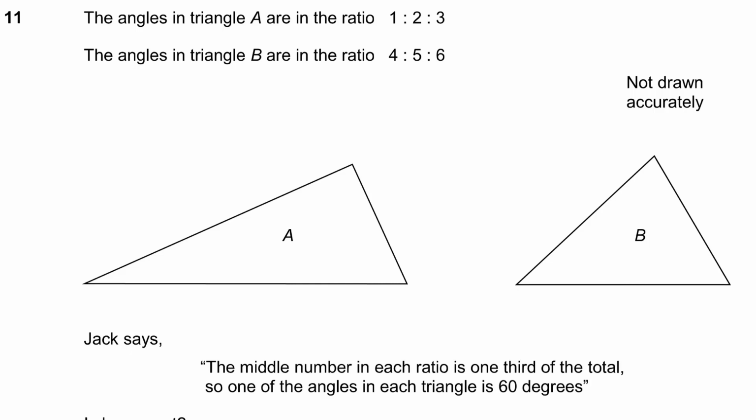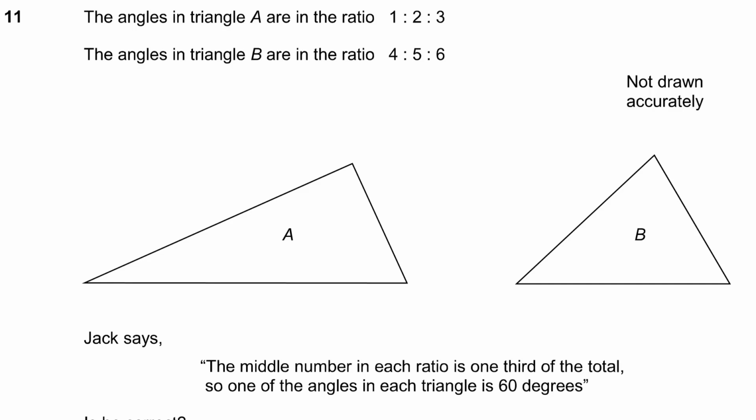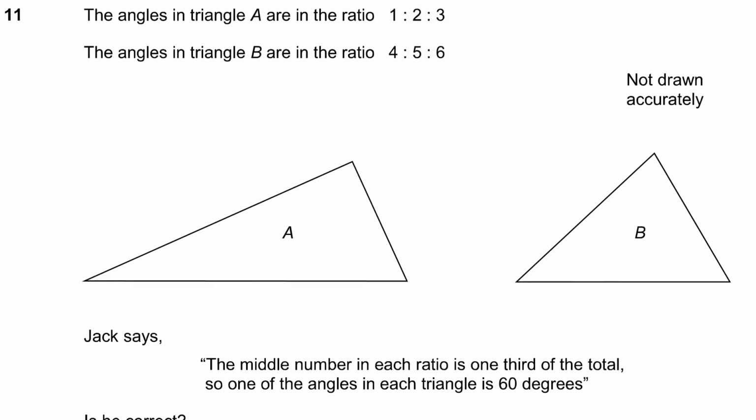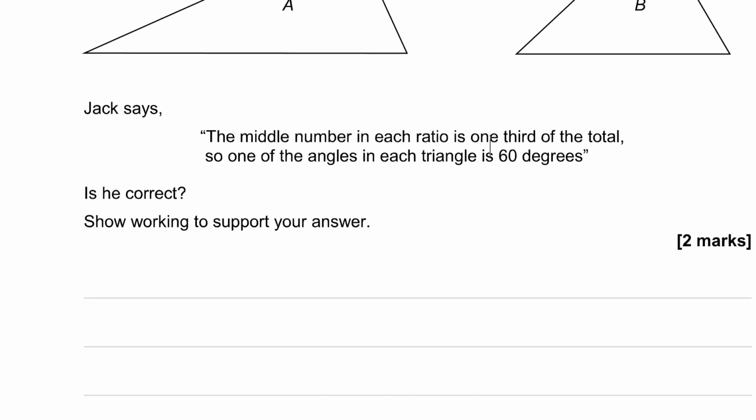Okay, there's probably 101 ways of doing this, but I think what I'm going to do is work out what the middle angle is for each of these. That seems to be the easiest and most straightforward way of doing it. So let's start with triangle A, which is in a ratio of 1 to 2 to 3.